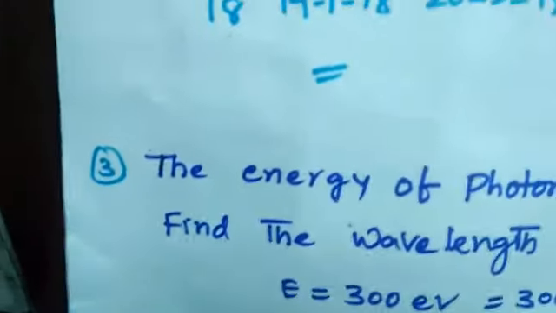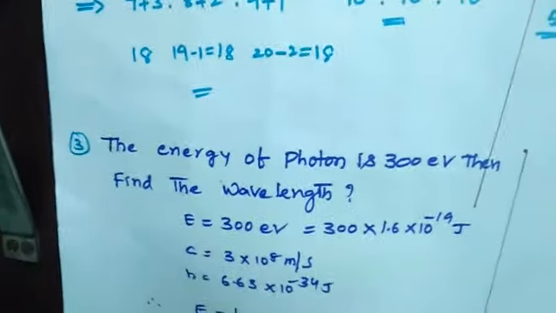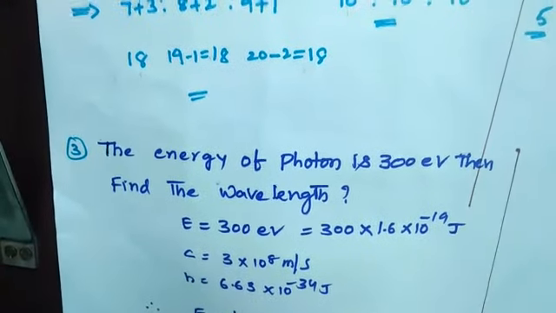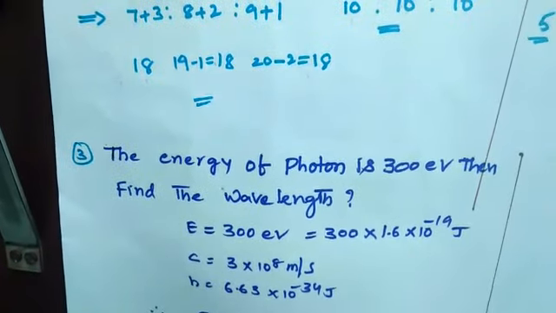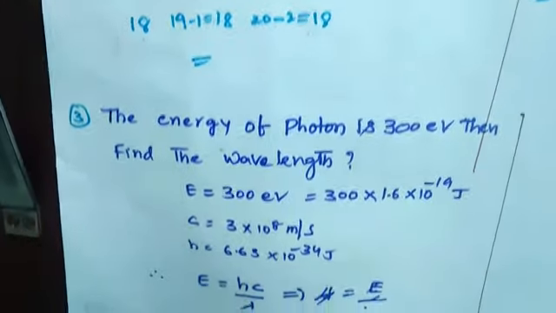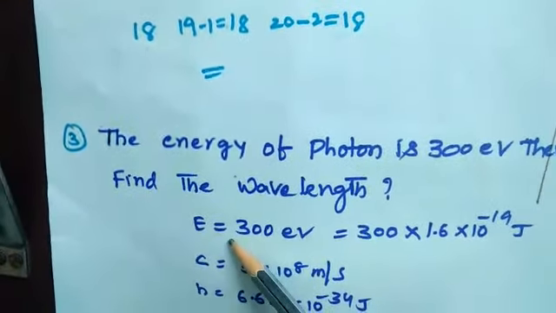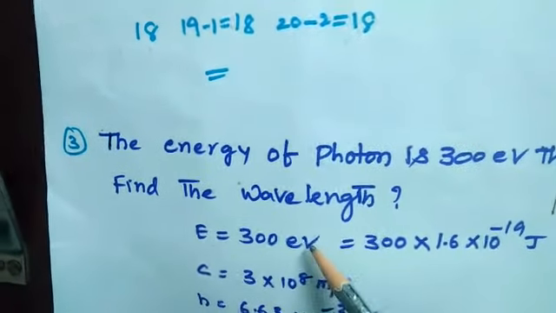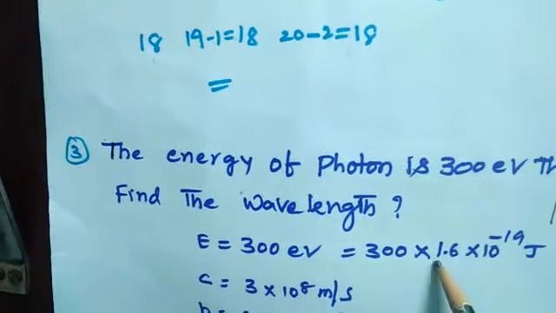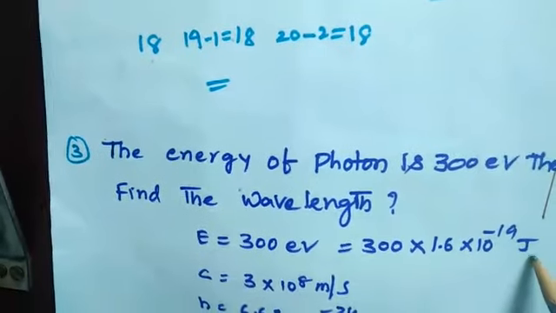So look here, another important problem. The energy of the photon is 300 electron volts. Then they ask to find the wavelength. In this problem, E is equal to 300 electron volts. But 1 electron volt is equal to 1.6 into 10 power minus 19 joules.